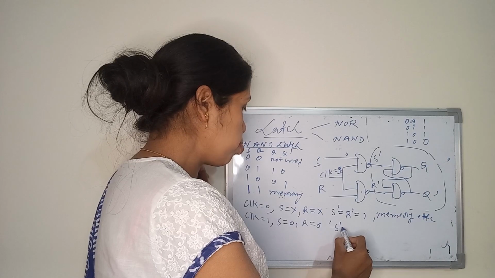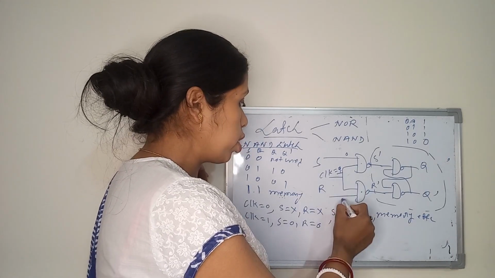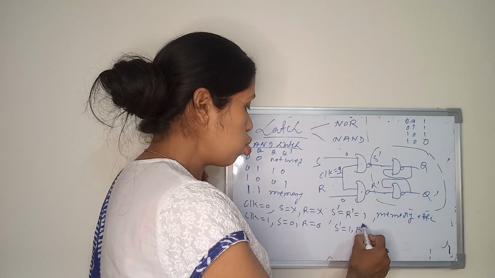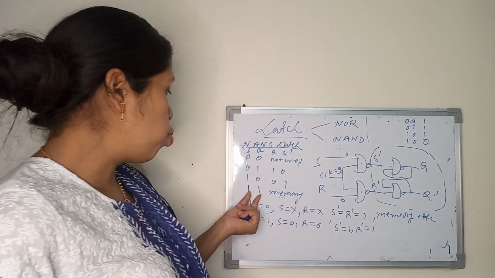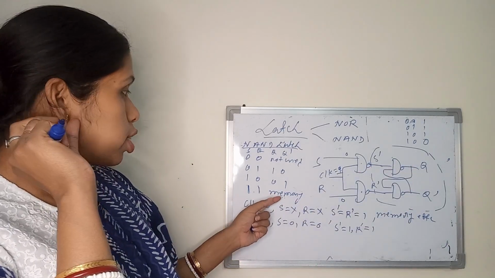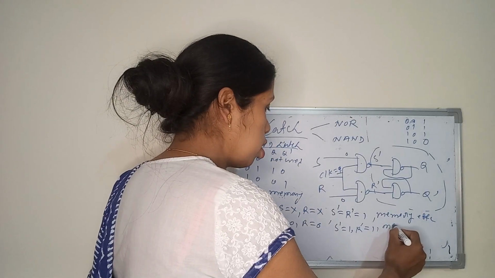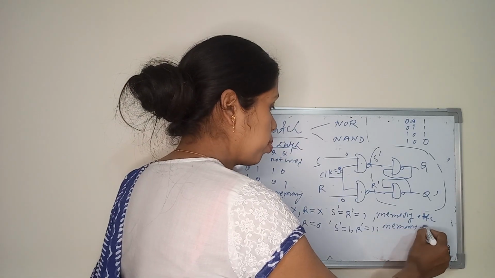My S prime is 1. Here also it is 0, so 1 and 0 means my R prime is also 1. Again, if both inputs of the NAND latch are 1 1, it means memory effect.